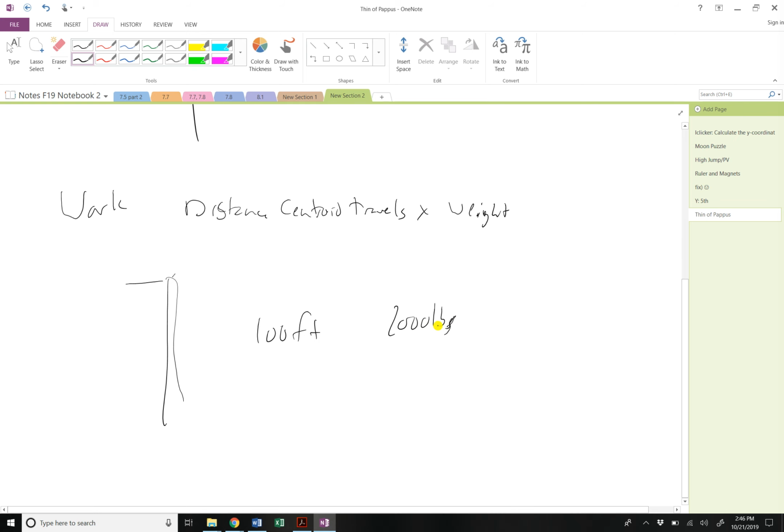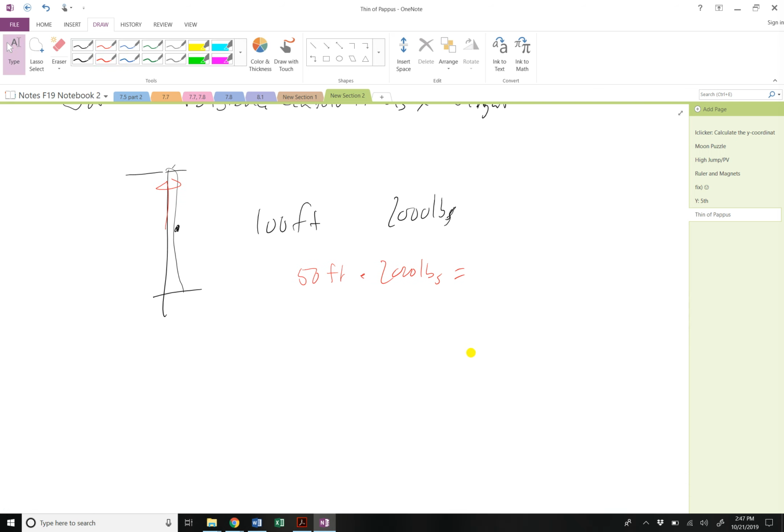It was the big Y flag hanging off of the Tanner building. Well, where's the centroid of this flag? Right there in the middle. So how far does the centroid travel if we lift the flag all the way to the top? 50 feet. So 50 feet times 2,000 pounds. There, done.